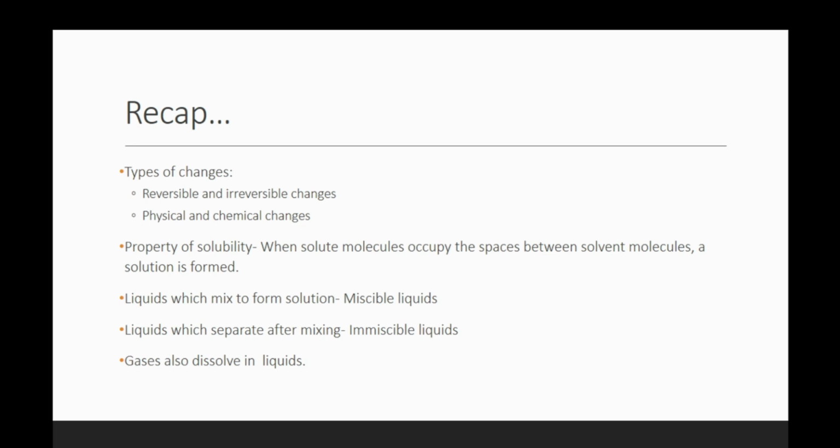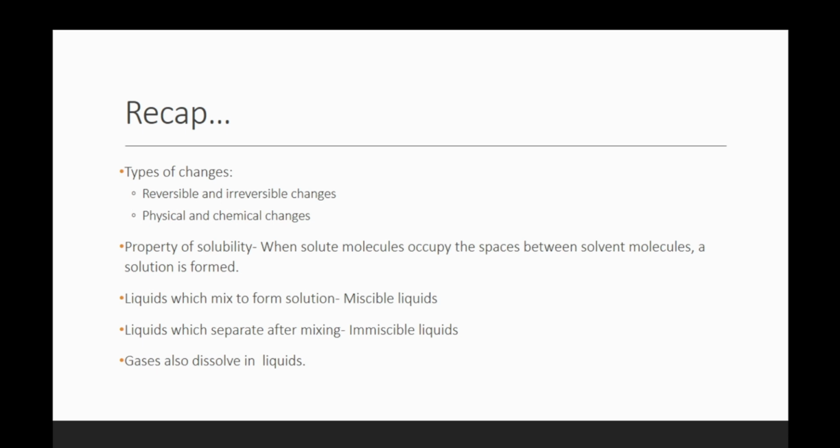Chemical changes occur when the chemical composition of the matter changes. This happens due to chemical processes such as burning or combustion and breakdown of metals such as corrosion or rusting. We learned about the property of solubility of matter. We learned that solubility happens when solute molecules occupy the spaces between the solvent molecules.